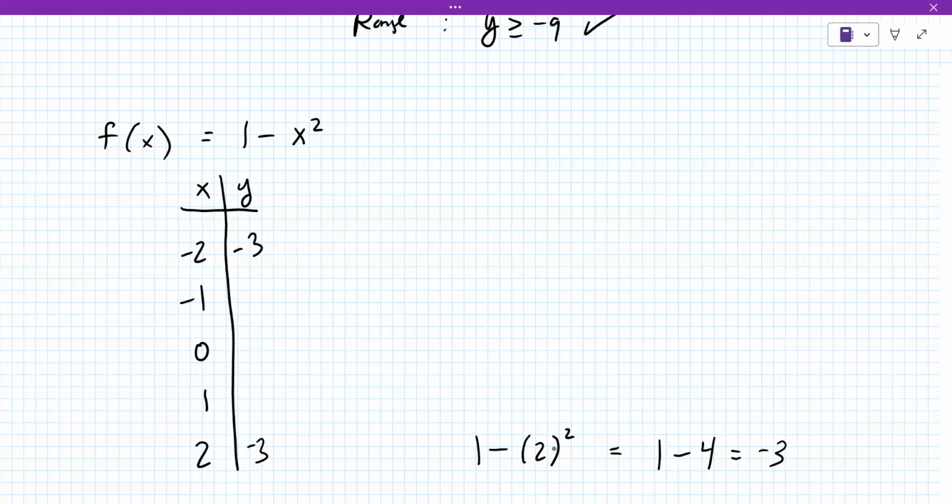And then for -1, I got 0. For 0, I got -1. And for 1, I got 0. Okay, let's look at 0. 1 minus 0 squared. 1 minus 0. You said -1.